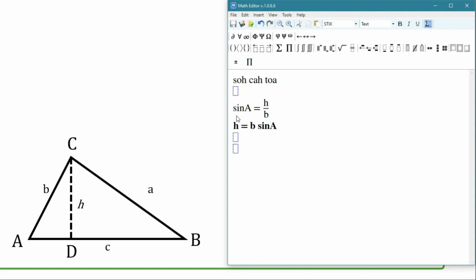And still, we're going to be dealing with the sine function. So, for us to find the value of h, we have sine of B equals the opposite side, which is h, over the hypotenuse, which is a. For us to get the value of h, we multiply both sides by a para ma-eliminate si a sa denominator. That will yield h equals a times the sine of B.